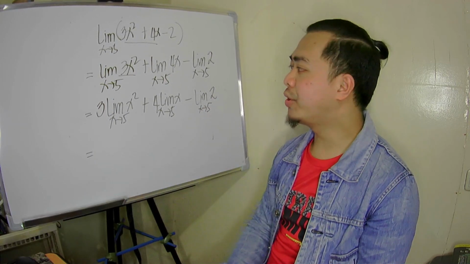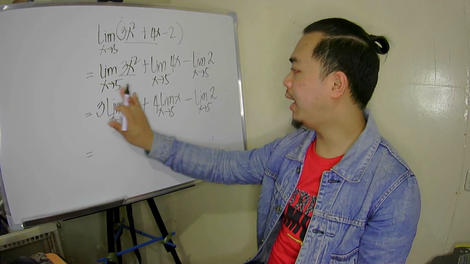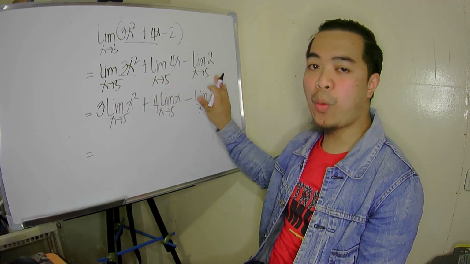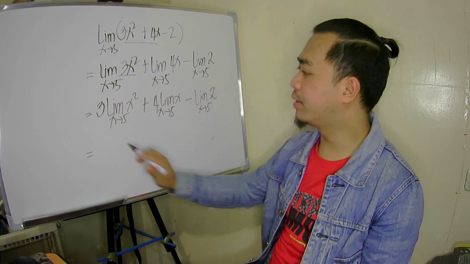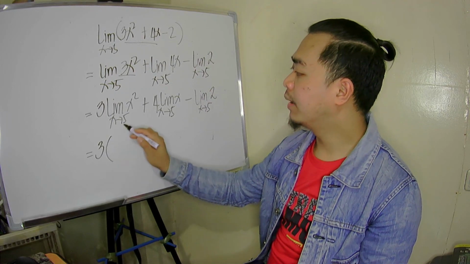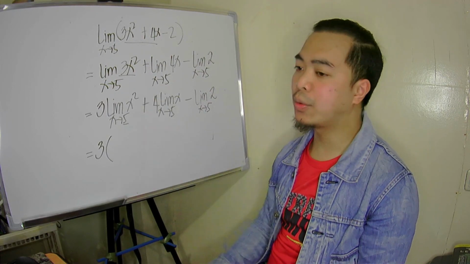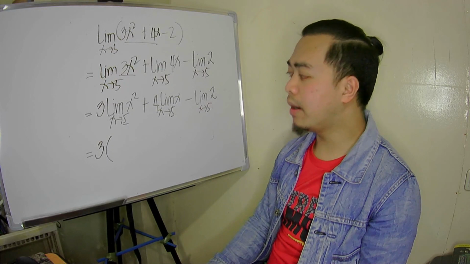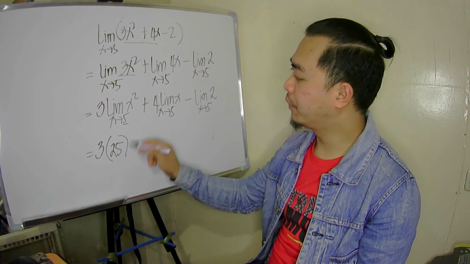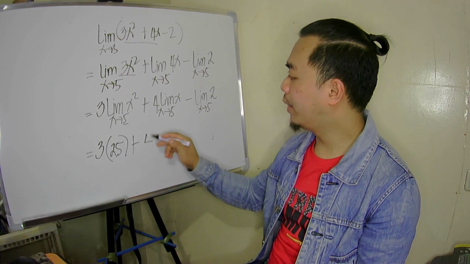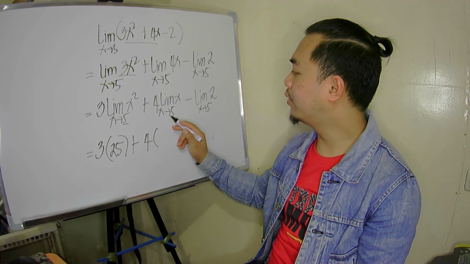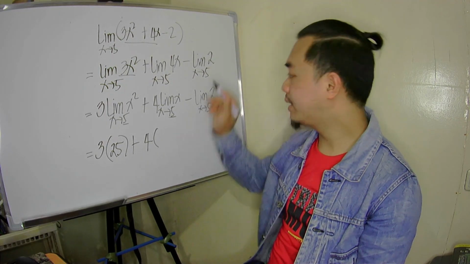And then, we can now answer using property 8, property 8, property 1. Limit of a constant. So, we have 3 times, i-substitute natin yung 5 sa x squared, meaning 5 squared. That is 25. Follow the sign. We have 4 times. Ganun din, i-substitute natin yung 5 sa x.